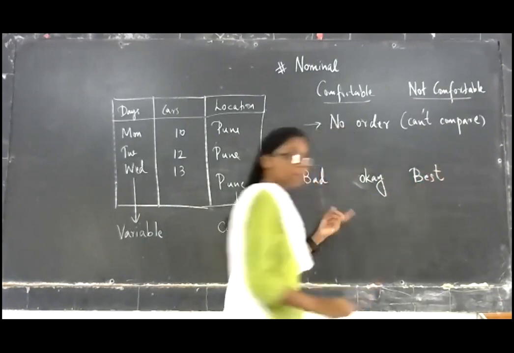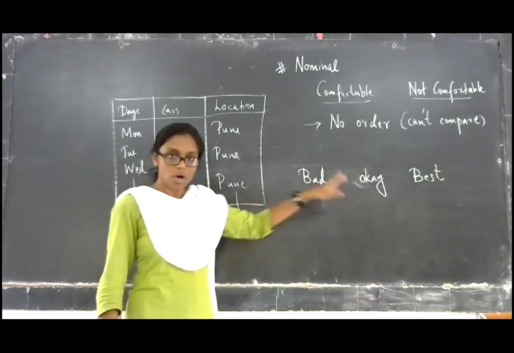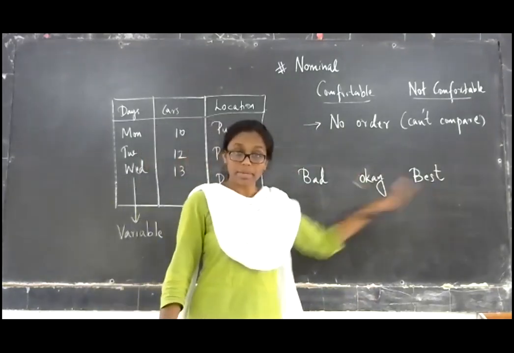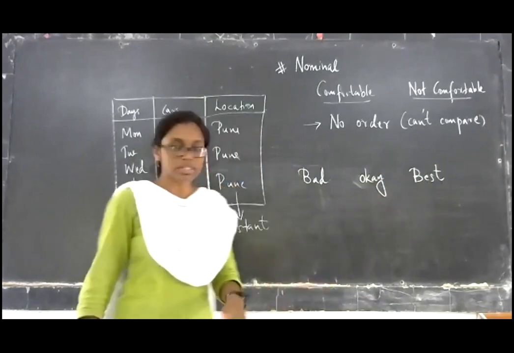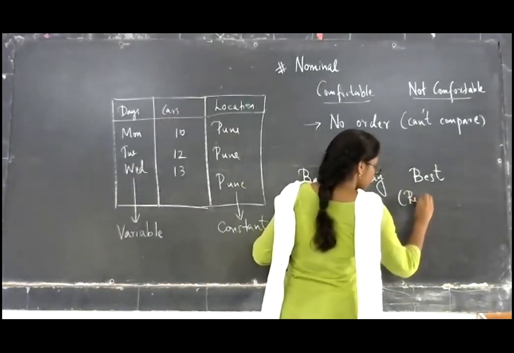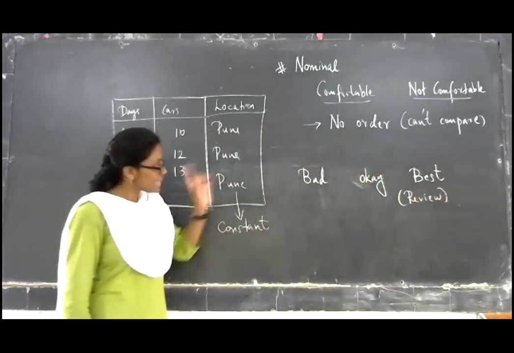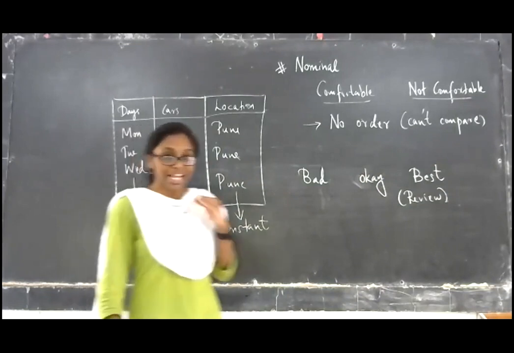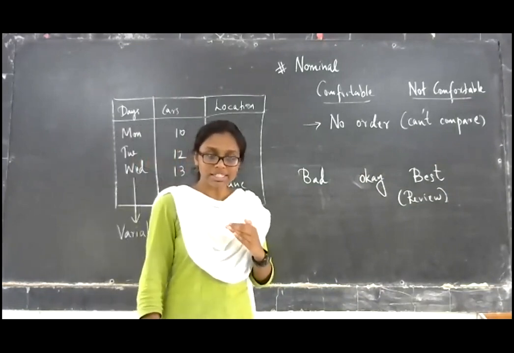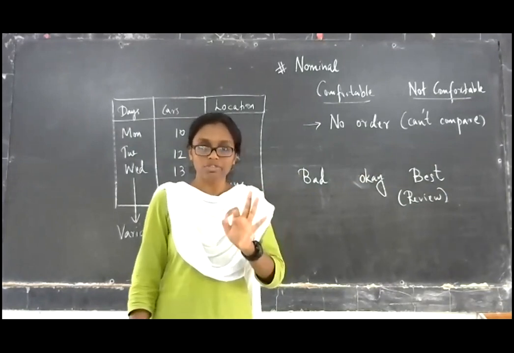There are some words in between, like very bad, bad, okay, good, best, but I'm only taking these three words. So these are review words for a particular app or website. In this particular case, you can actually compare, right? You can actually say getting a bad review is worse than an okay review, right?